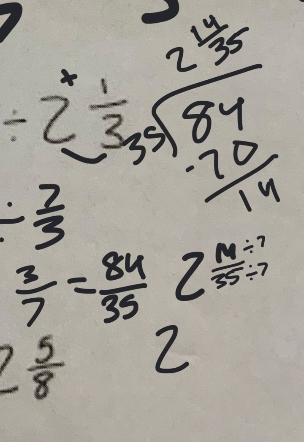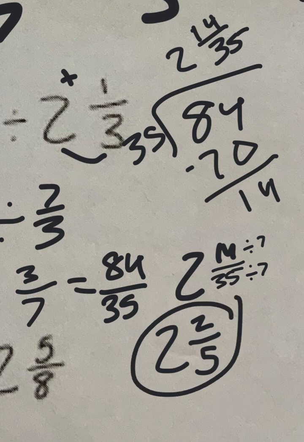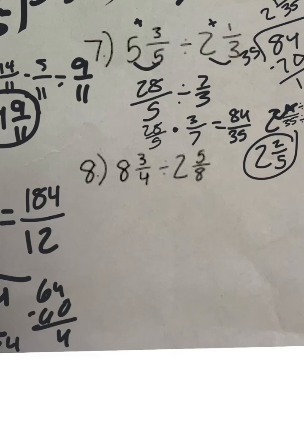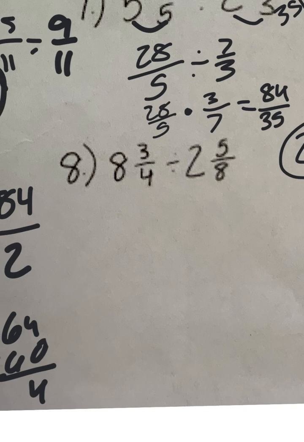So 14 divided by 7 is 2, 35 divided by 7 is 5, so 2 and 2/5 is our answer. So 2 and 14/35, or 2 and 2/5.